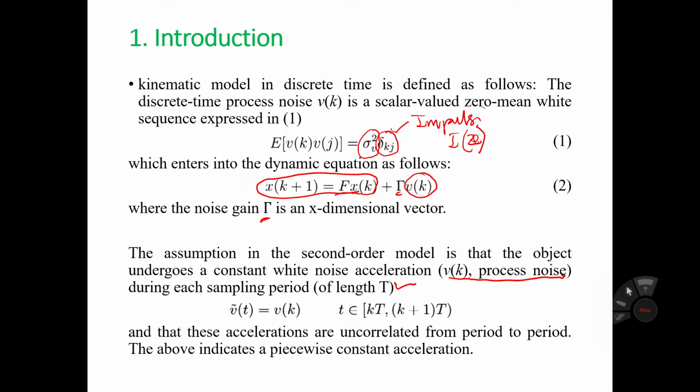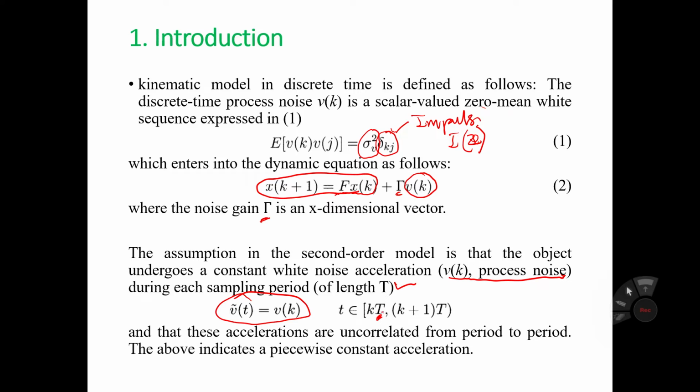Okay, so v of t equals v of k, where t belongs to k times T, where T is the sampling period between each scan.